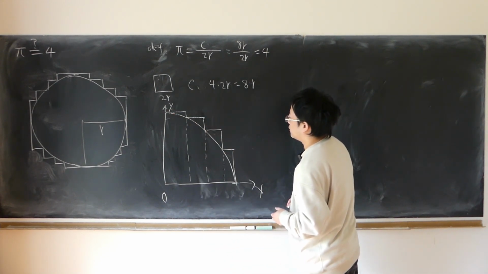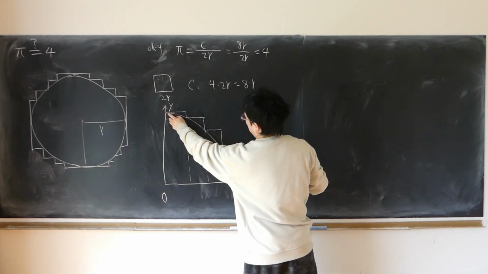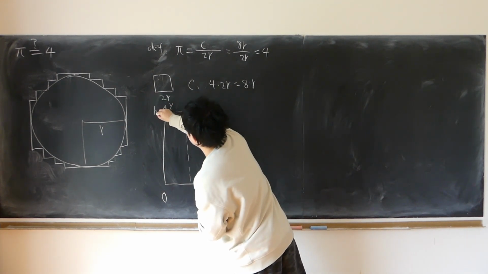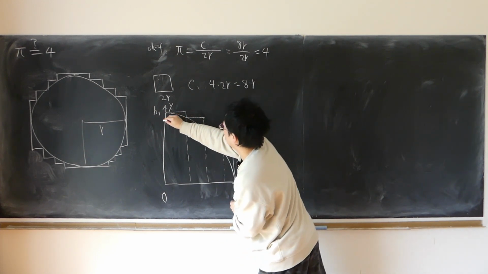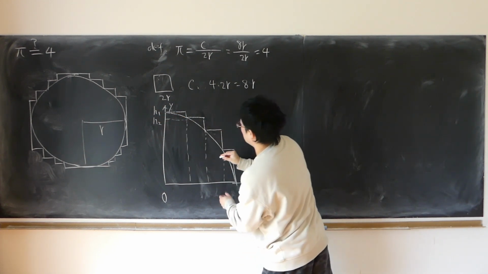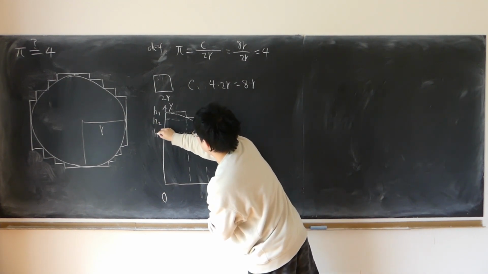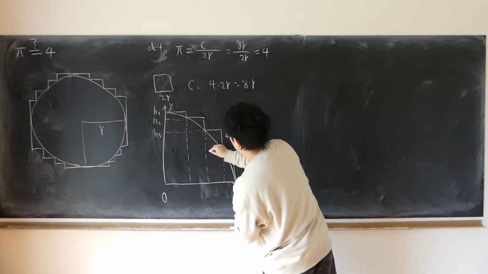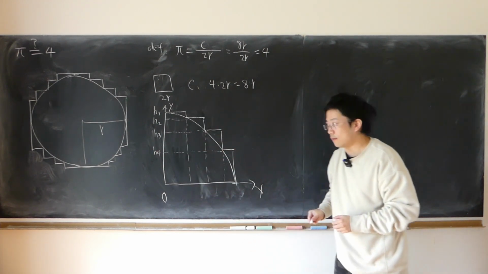To calculate this, the height of the first rectangle is just r. The height of the second rectangle is h2. The height of the third rectangle is h3. The height of the last is hn.